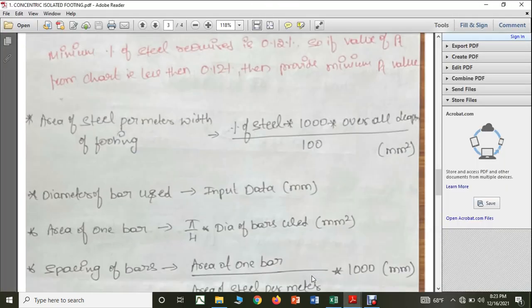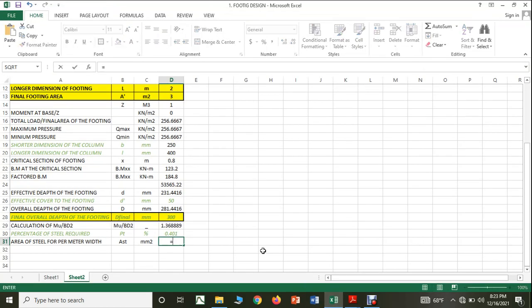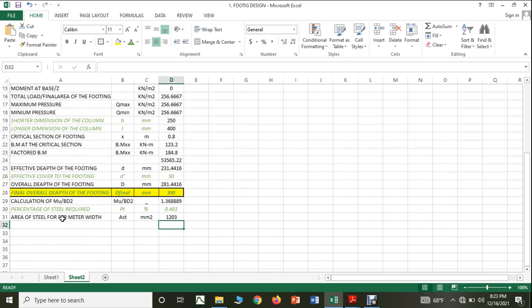It is percentage of steel into 1000 into your overall depth, divided by 100. That will give you the area of the steel per meter width. Again, this is not an input value, it is a calculated value.